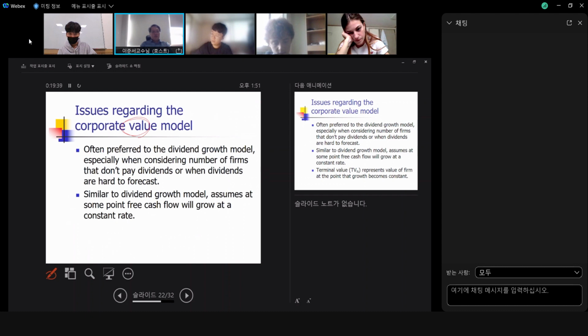Okay, so it is often preferred to the dividend growth model, especially when considering a number of firms that don't pay dividends, or when dividends are hard to forecast.